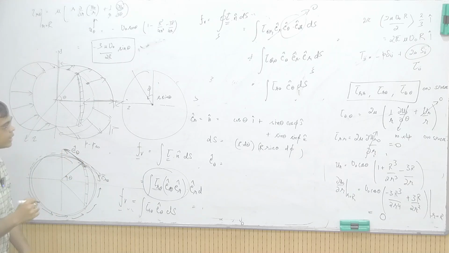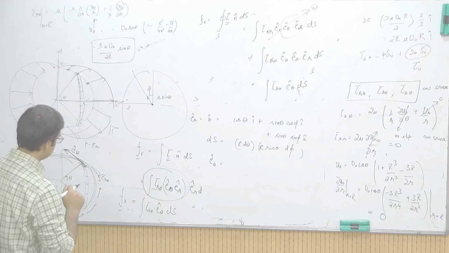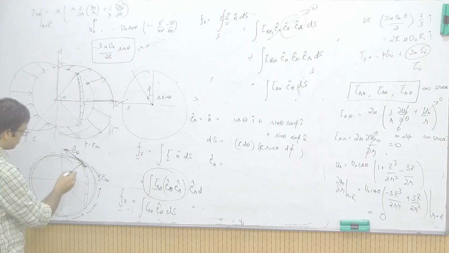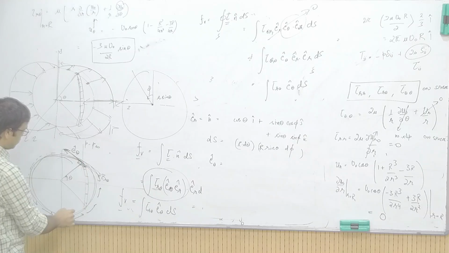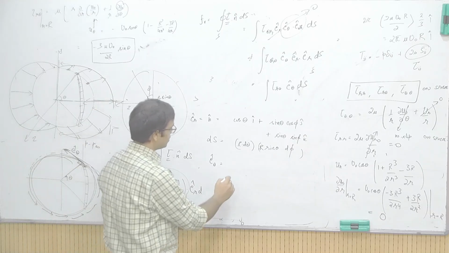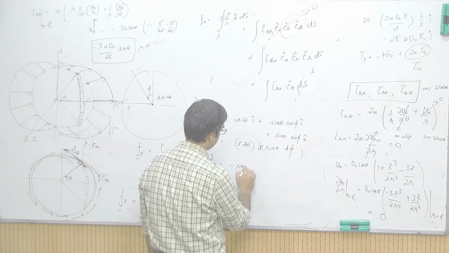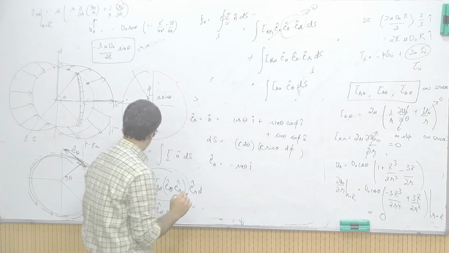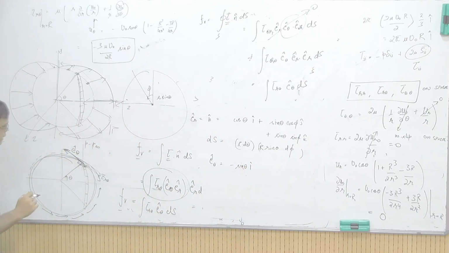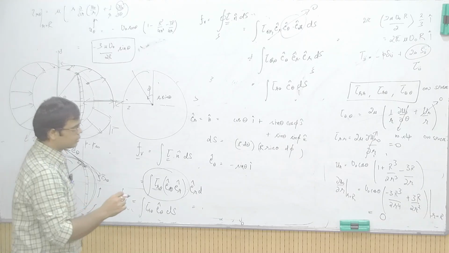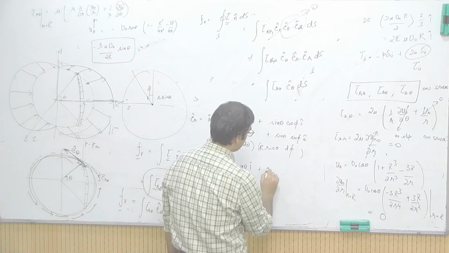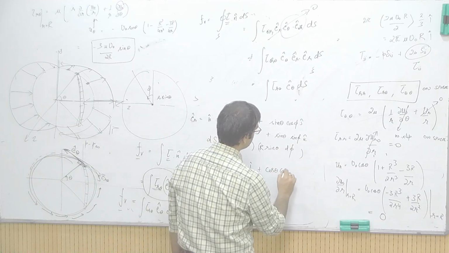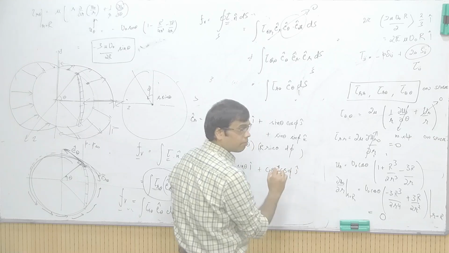How do I denote it in terms of i cap, j cap, k cap? Minus cos theta i cap, minus sin theta i cap, and then same thing, plus cos theta cos phi j cap.